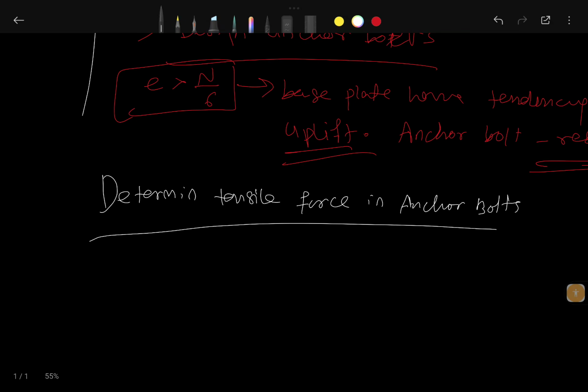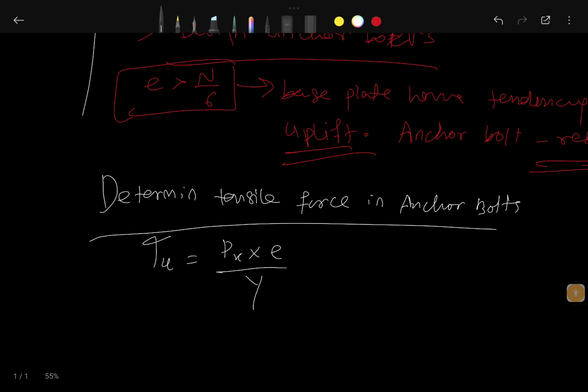From the force equilibrium in the vertical direction, the total tension Tu is equal to Pu into e divided by y. This we get from the vertical equilibrium equation. Tu is equal to Pu into e divided by y.